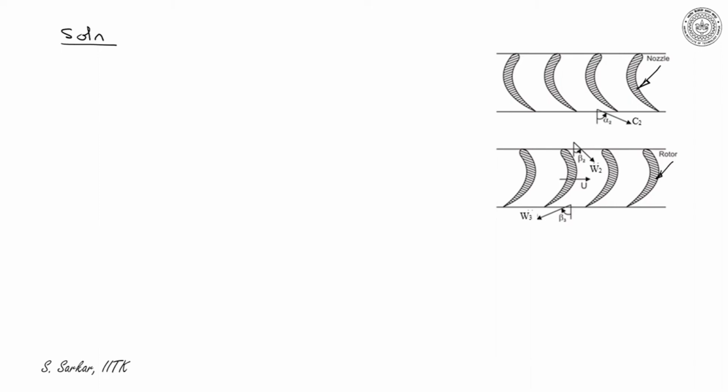And the blade speed is U. Now C1 be the inlet absolute velocity that makes an angle alpha 1 with the Z axis, and C3 be the exit velocity from the stage that makes an angle alpha 3.